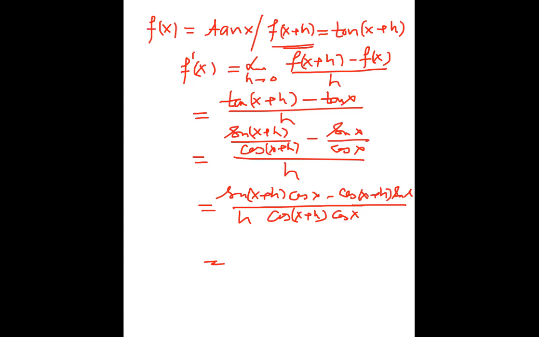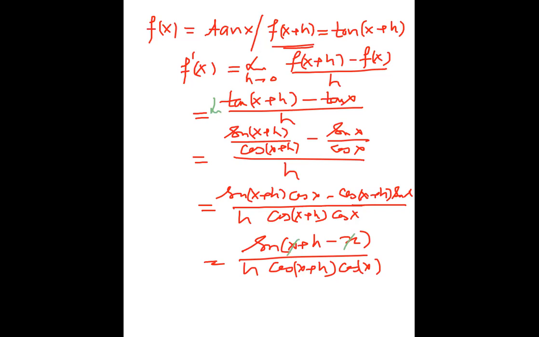So that is sin[(x+h) minus x] whole upon h cos(x+h) cos x. Now see, x and x will get cancelled. Sorry, I forgot to write limit of h tends to 0.